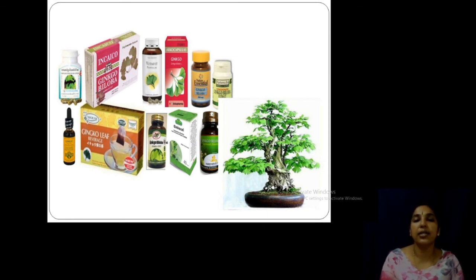There are Ginkgo biloba medicines, leaf beverages and natural Ginkgo biloba extracts from different companies, available as pills, capsules and syrup. It is widely used in Japan, China, Siberia and so on.